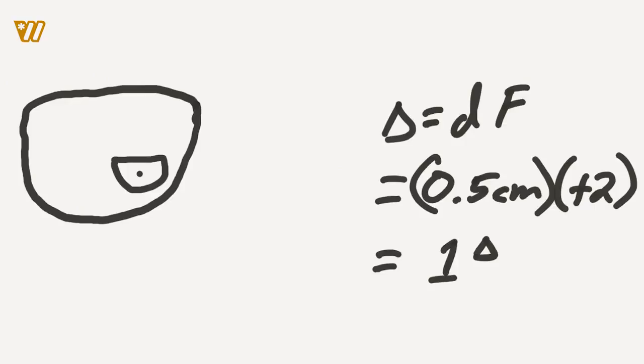Whenever we're doing image jump, remember all we're going to be doing is simply Prentice's rule, and all we care about is the add power and the segment type. Now why do we care about the segment type? Because the distance that we're going to use in our Prentice's rule is the distance from the top of the bifocal to the optical center of that bifocal. And for a flat top 28 bifocal, what was that number again?